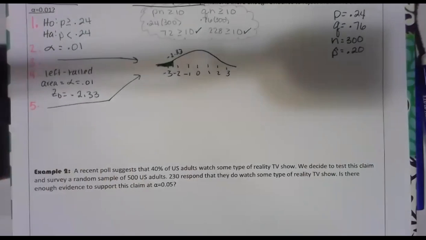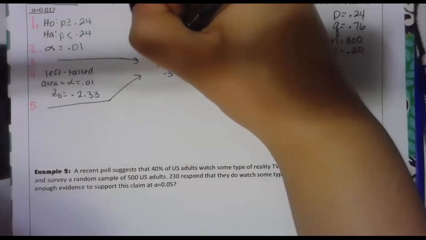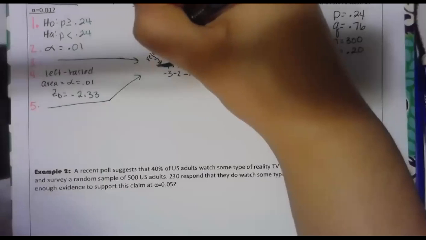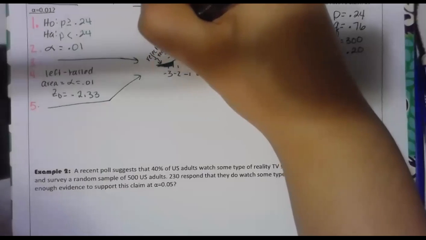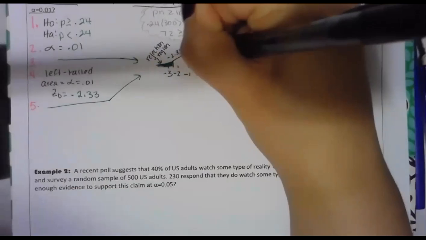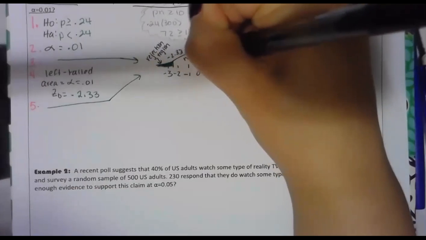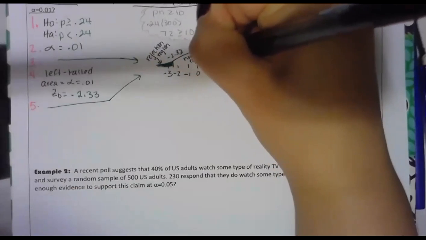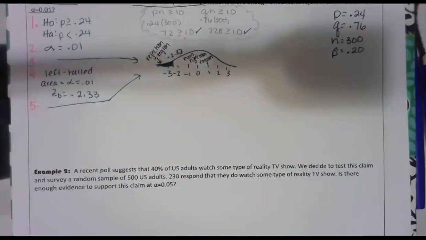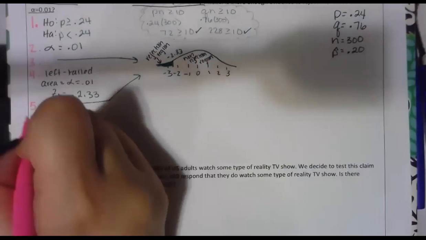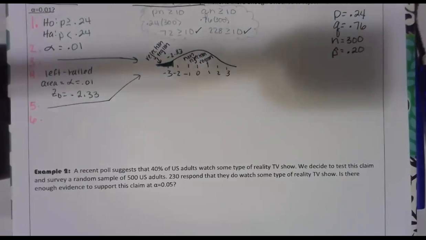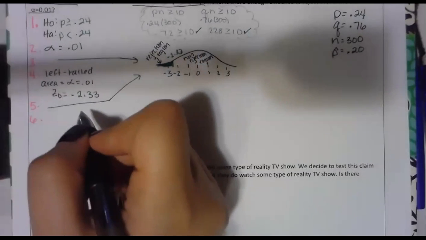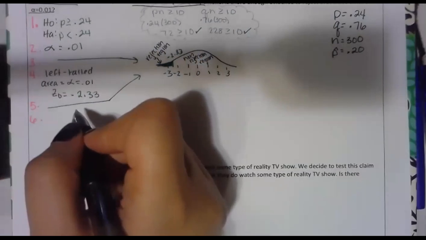So this is actually up here. All right, so you can see that this is the rejection region, and this is the non-rejection region. All right, then off to step number 6. Or not, you just found your critical value. Step number 6, find your test statistic.